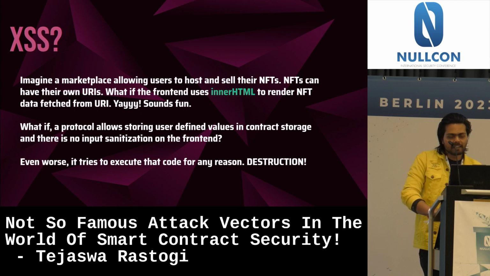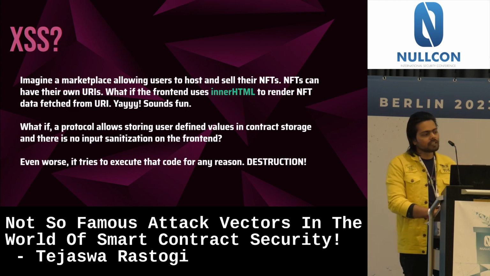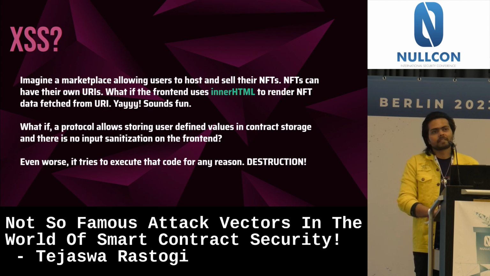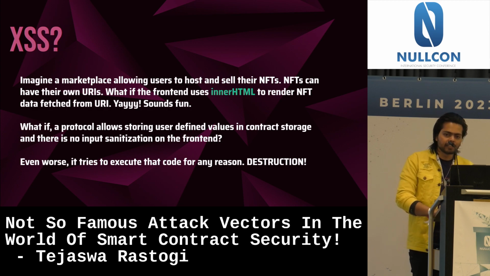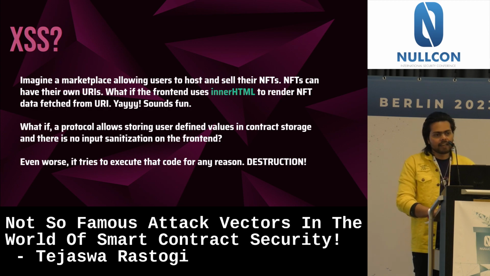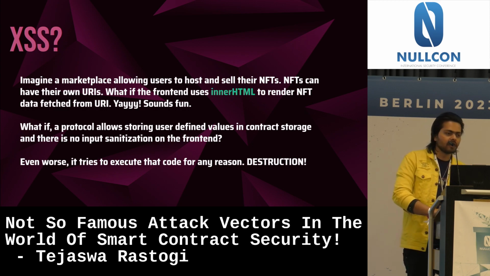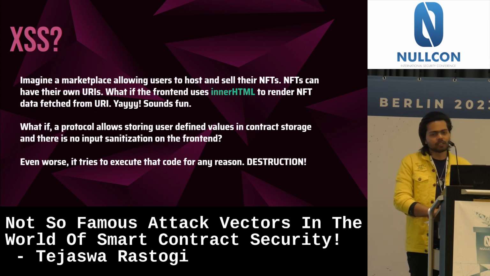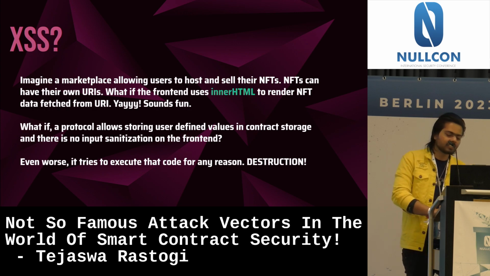But how it's being processed on the front end? Simply innerHTML, right? The front page is rendering the storage from the smart contract. So what I can do, I can actually put a script into the storage, and that will be rendered onto the front page. I can do some HTML injection, I can do XSS and all the stuff.